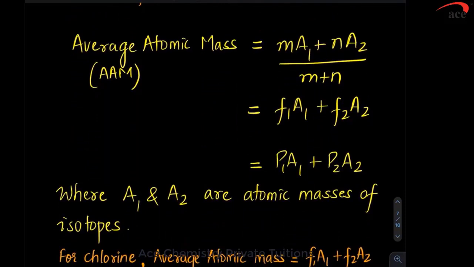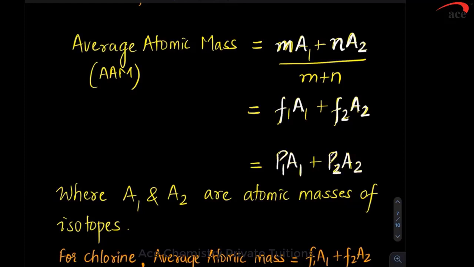Average atomic mass, therefore, is given by this formula, where M and N are the ratio and A1, A2 are their atomic masses. F1, F2 are fractional abundances. A1, A2 are atomic masses.